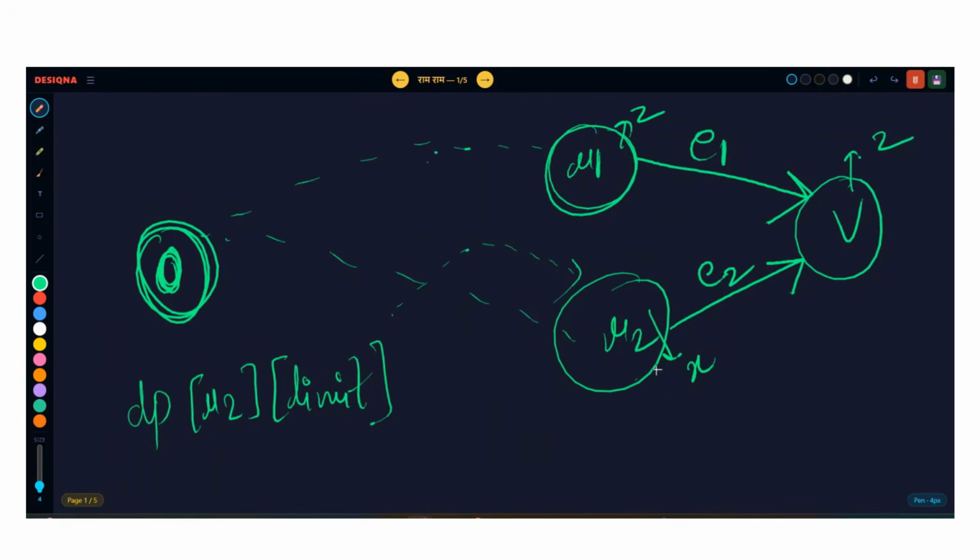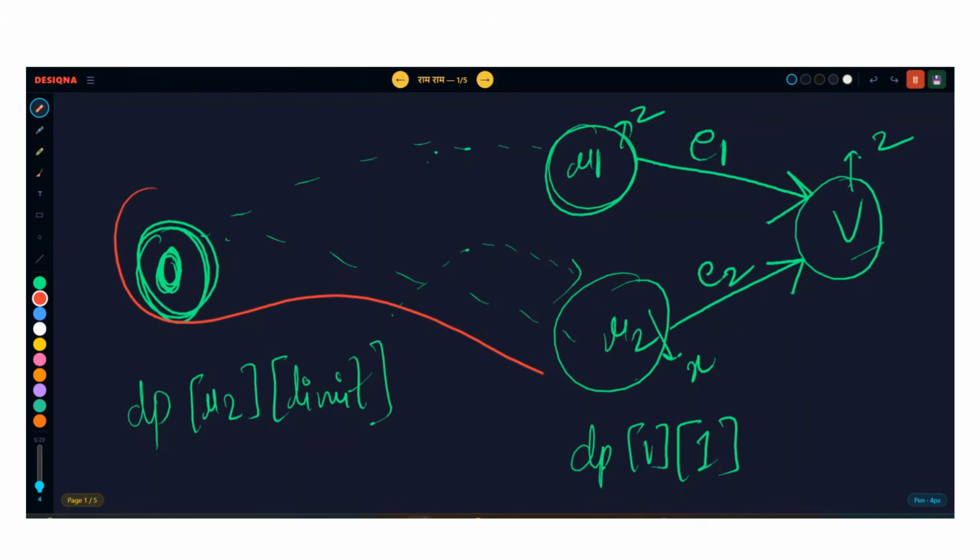So this can help you calculate dp v of 1. Why? Because if you are going from 0 to here and then this, u2's character is x, v's character is z, so the character has changed.